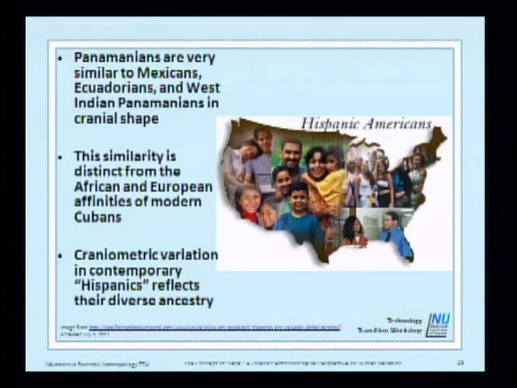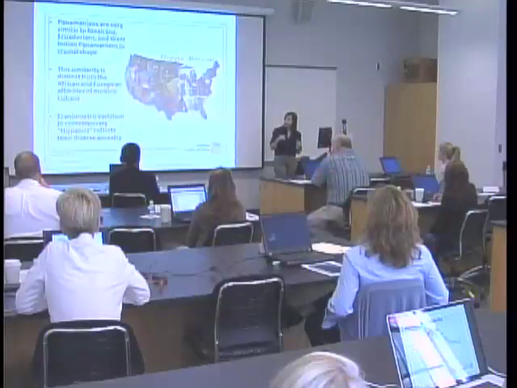So I pulled this off the internet, and I really like that it shows the variation of Hispanic populations across the United States. What we found in that research with the phenogram on there was that Panamanians were very similar to Mexicans, based again on the migration patterns that you can find, and Ecuadorians. And also West Indian Panamanians had a little bit of similarity as well.